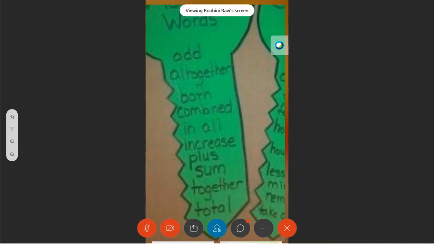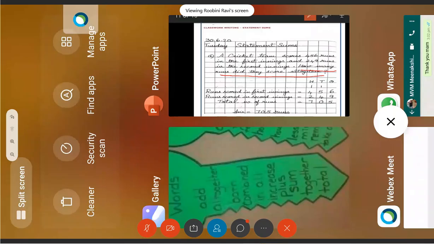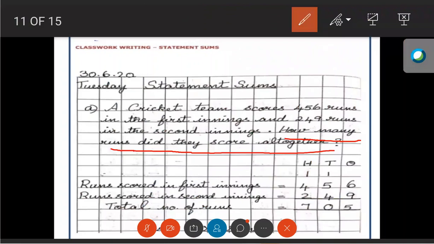All these are key terms. So here, what is the key term? Altogether. Circle it. Altogether is the key term for addition in this question. So we are going to do the addition.